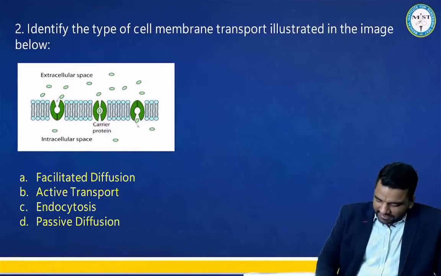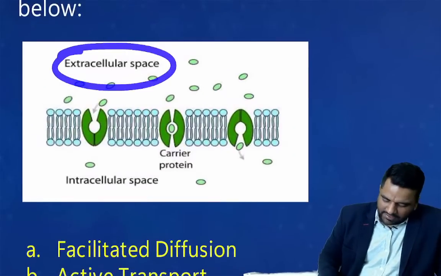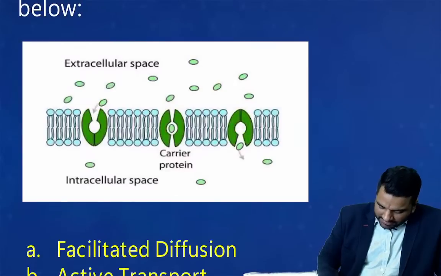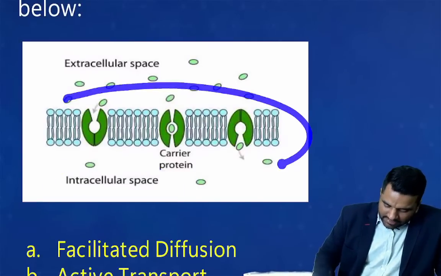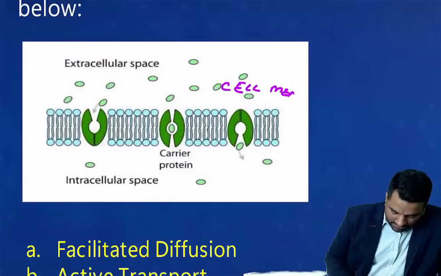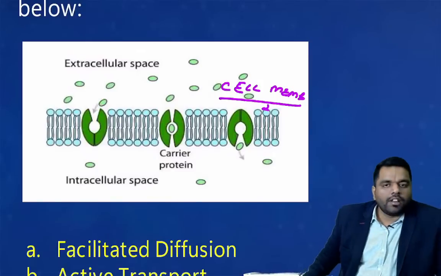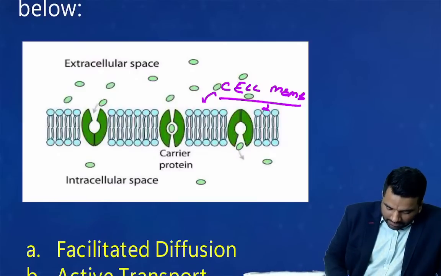As you can see in this picture, this is the extracellular space and this is the intracellular space. And in between is your cell membrane, right, beta? The cell membrane mainly consists of protein and lipid.